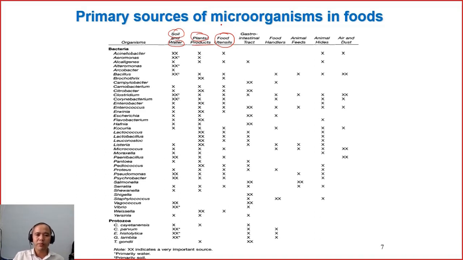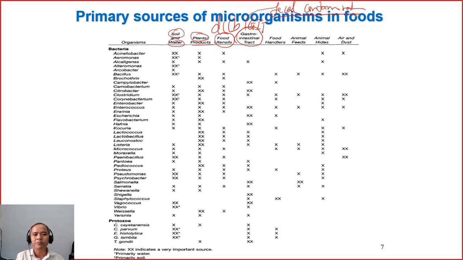And then a lot of important pathogenic microorganisms come from the gastrointestinal tract, GIT, or we call it fecal contamination. If we have fecal contamination, then we have a high chance that these microorganisms appear. They come from the feces, from the manure of animals, from the intestinal tract of animals.